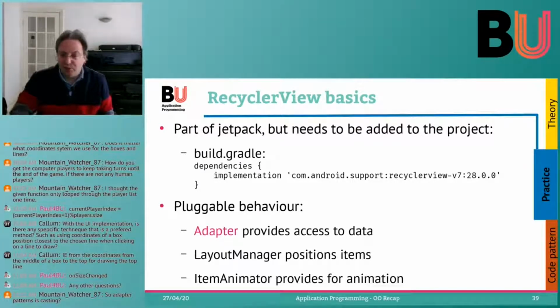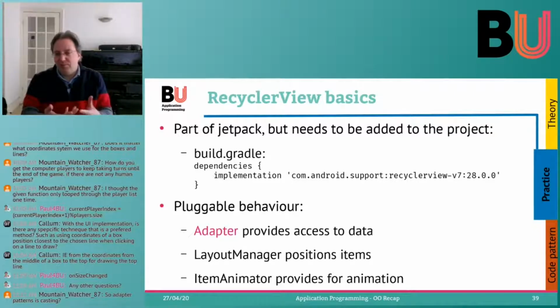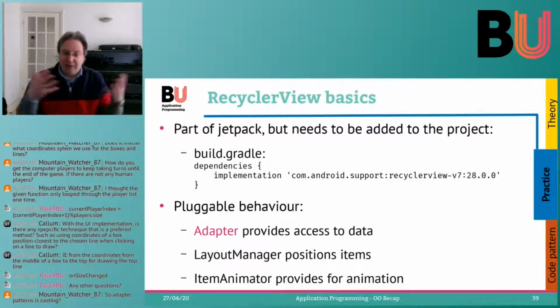RecyclerView also works horizontally, not only vertically. There are different ways that it can work and different things you can do. You have a layout manager that does this, so most of the code is shared, and the layout manager determines what it looks like. You can write your own one if you really want to, and an item animator provides animation.